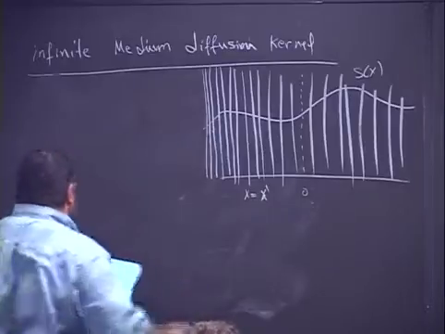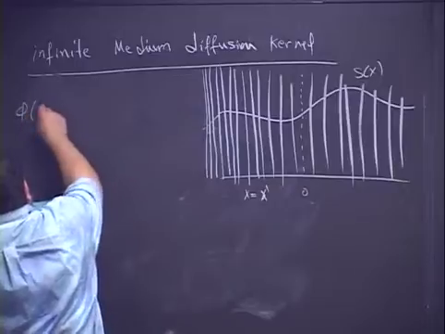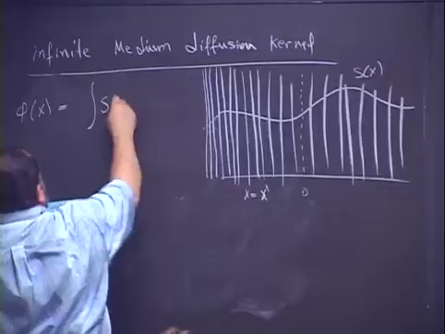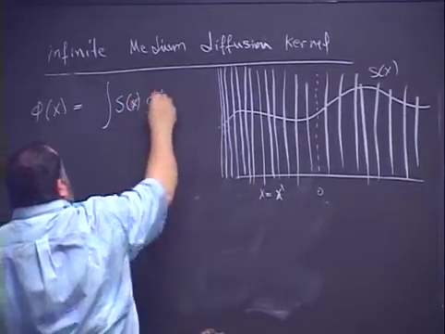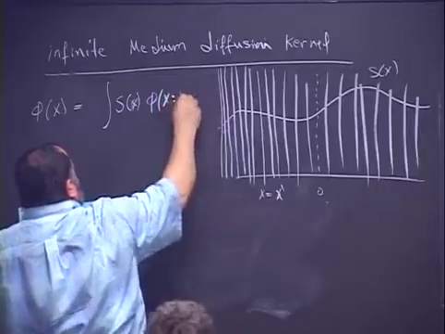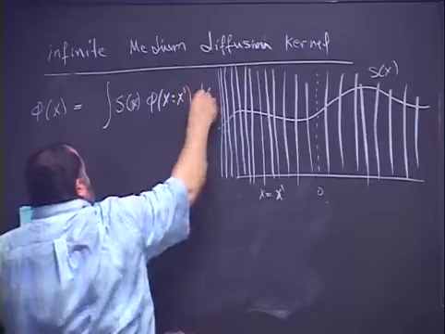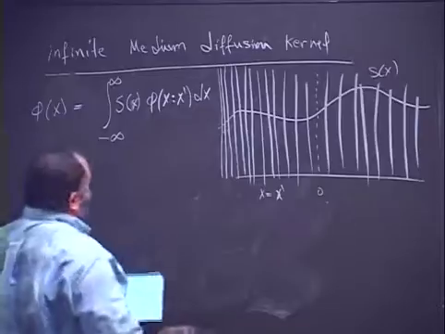So phi of x is just equal to the source as a function of x prime, multiplied by the kernel, which is the flux at point x because of a unit source at point x prime, dx prime, and x prime will go from negative infinity to plus infinity.